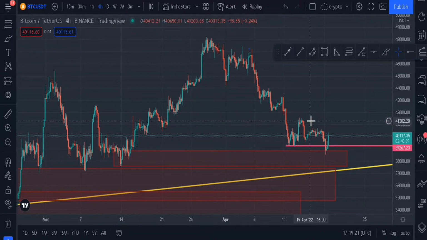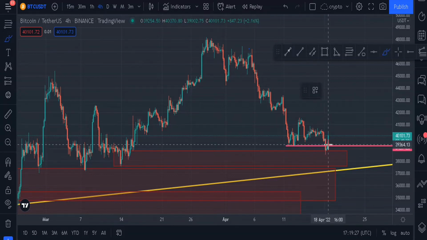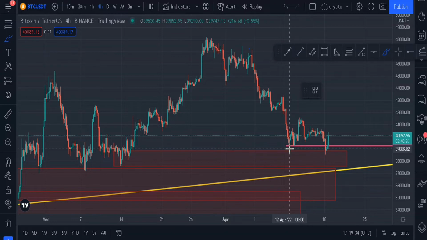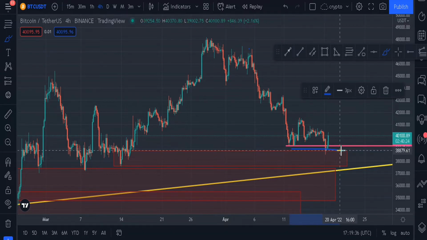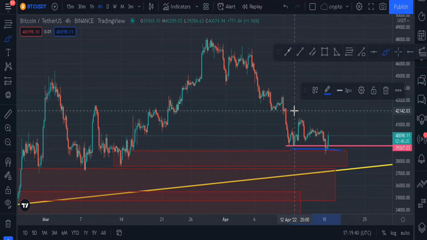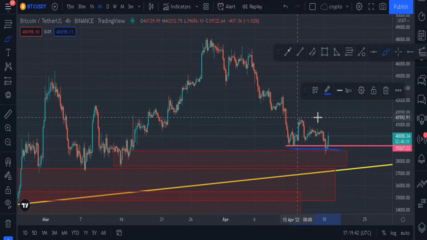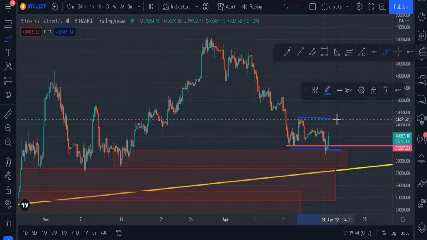What will I do when I see this third touch? All I do is I'll place a buy order around here, then I'll put my stop loss around this region, then I'll take profit around this whole region, maybe if I'm not too greedy.